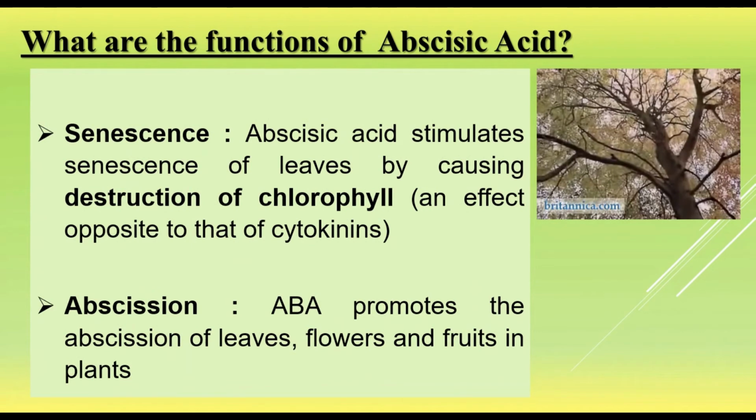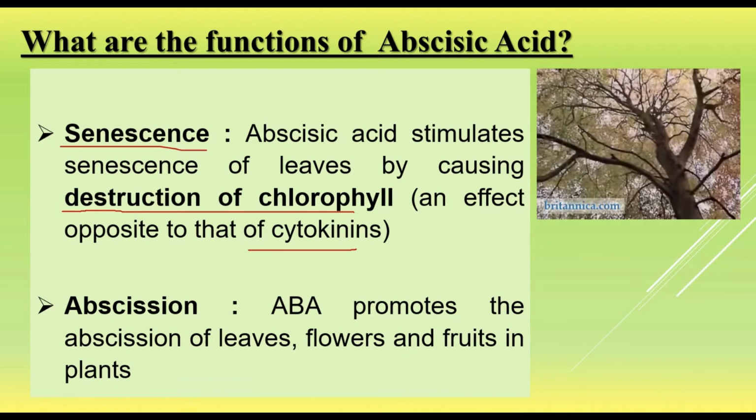Now the next important function is senescence. Abscisic acid stimulates senescence of leaves by causing destruction of chlorophyll. It is an antagonistic effect of cytokinin. What is senescence?